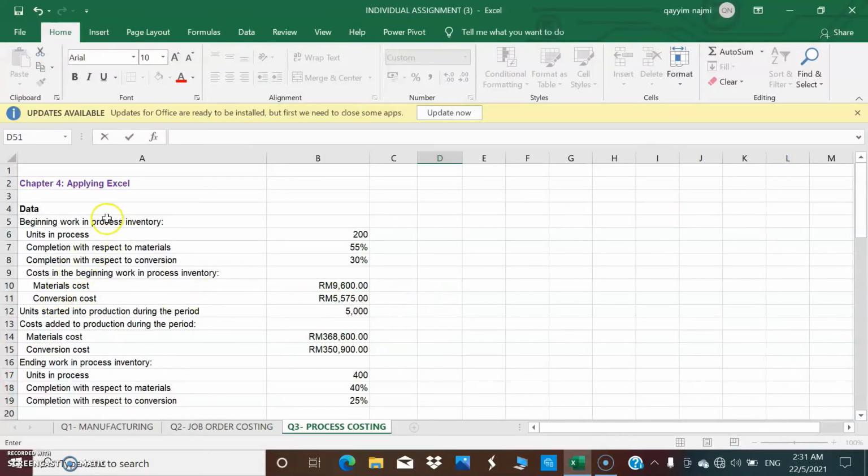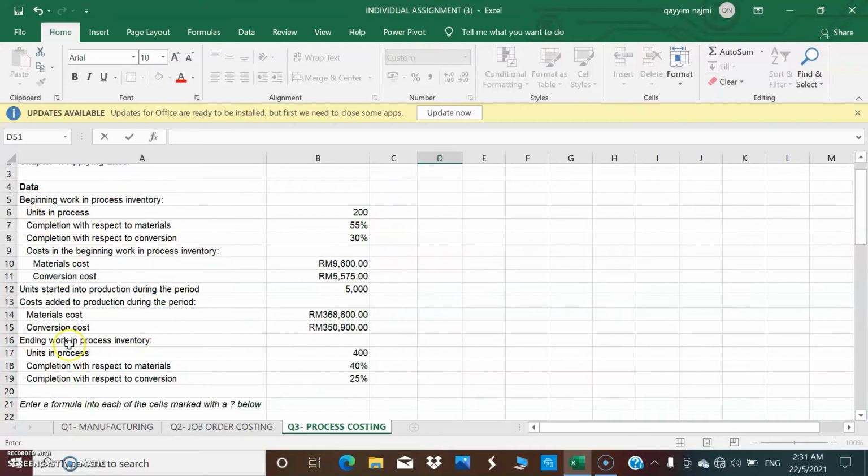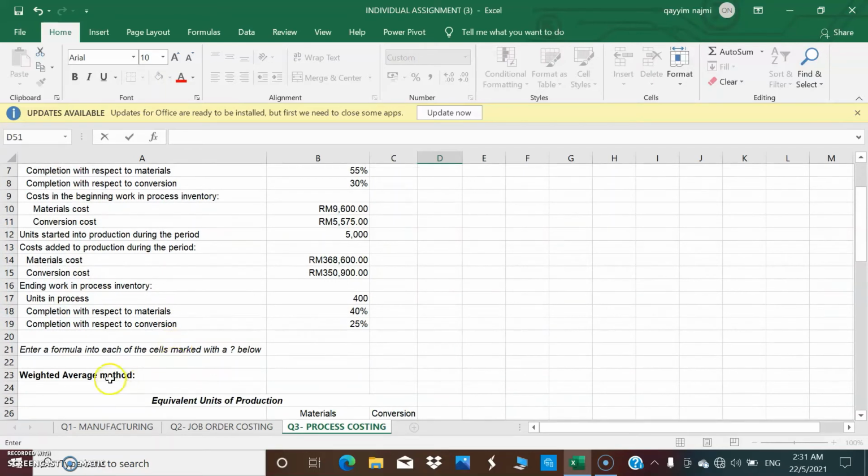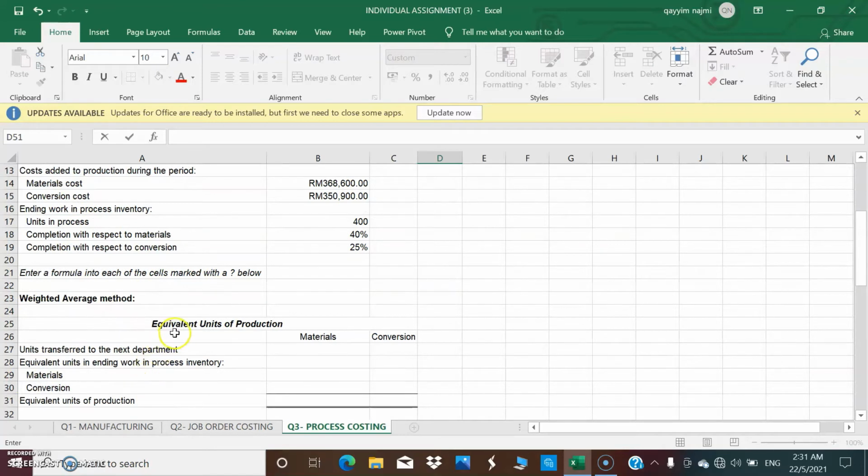Okay, we're going to continue chapter 4 by applying Excel. The question given requires us to use the weighted average method. So the first thing is equivalent units of production.